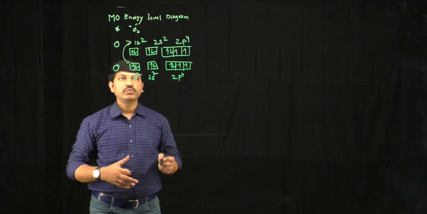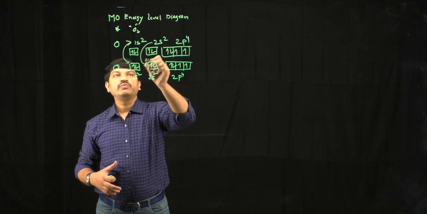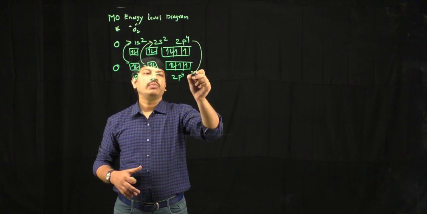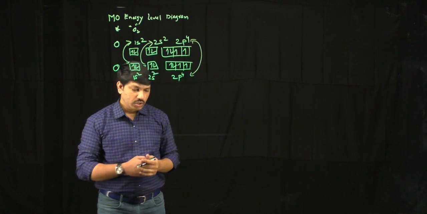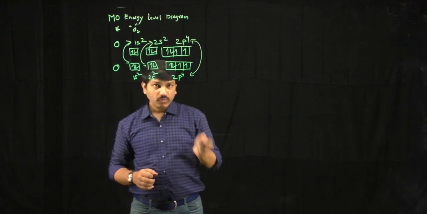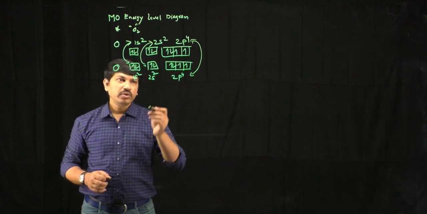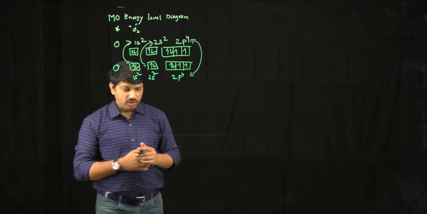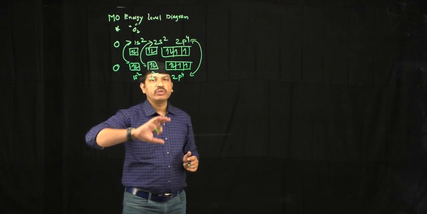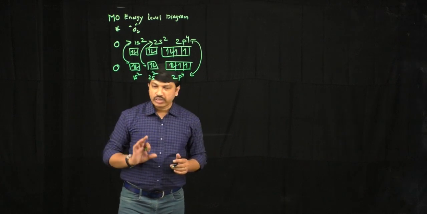Similarly 2s can undergo linear combination with the 2s atomic orbital, and these 2p orbitals can undergo linear combination with the similar type of 2p orbitals available in the other atom. And in addition to that, in the case of the oxygen molecule, we have to understand whether sp mixing is possible between the 2s and 2p orbitals or not.